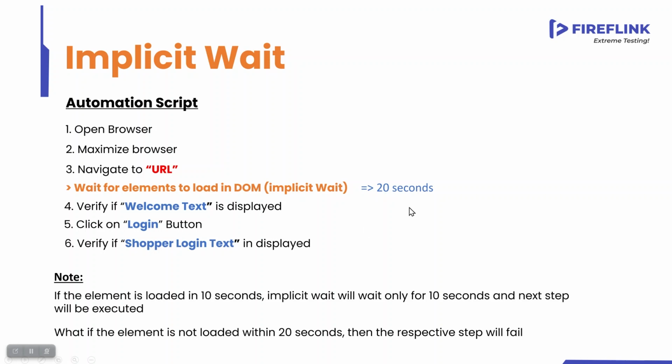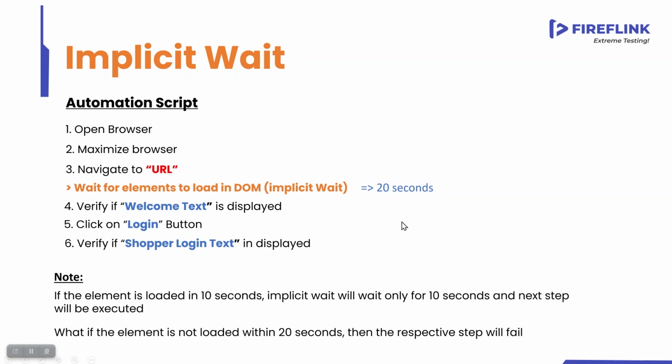The maximum time it can wait for the element is 20 seconds. If it is taking more than 20 seconds, it is going to fail this current step. So this is how implicit wait will work. It will wait for the element to be loaded, and once you apply implicit wait for the script one time, it is applicable for all the elements under it.